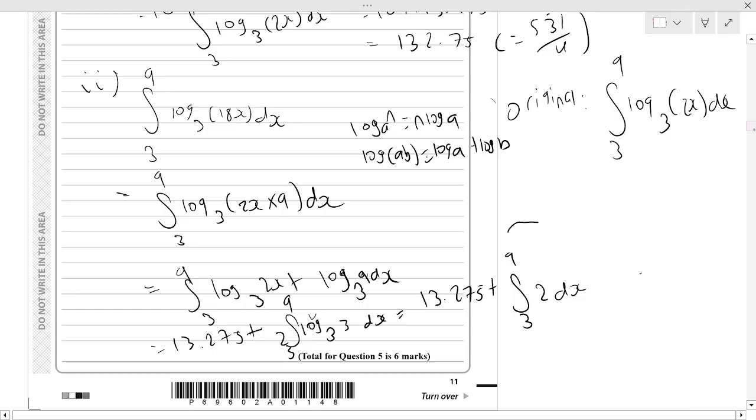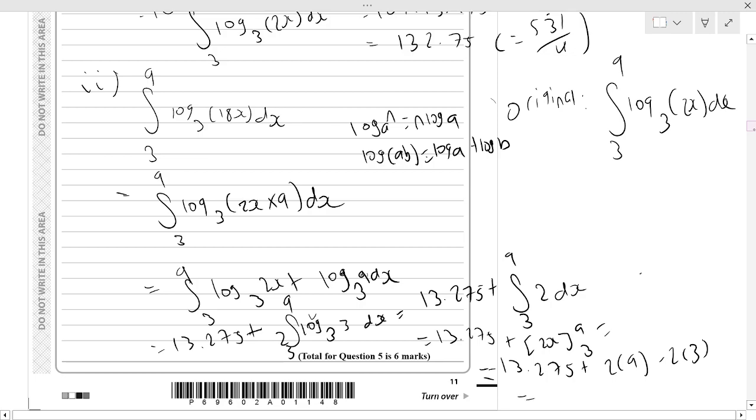And then this I can integrate. I know how to integrate a constant. So that's 13.275 plus 2x between 9 and 3. So that's going to be 13.275 add 2 lots of 9 minus 2 lots of 3, right? Because I substitute the upper limit and take away the lower limit. Put all that into the calculator, I get the answer.